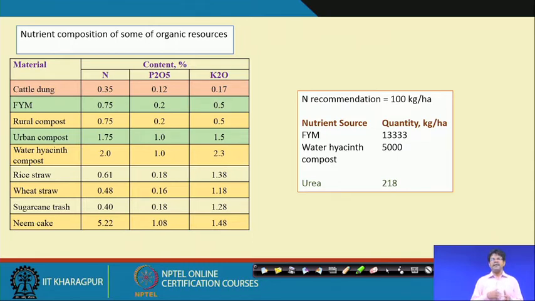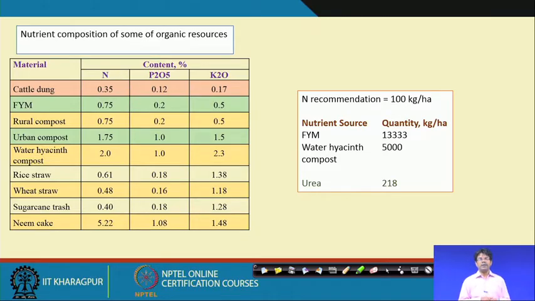By enriching the compost you can minimize the requirement, because you have to meet the nutrient demand of the crop at the beginning of the season in organic farming. But with chemical fertilizer urea, it is a very small amount: as it contains 46% nitrogen, it requires only 218 kg urea per hectare.